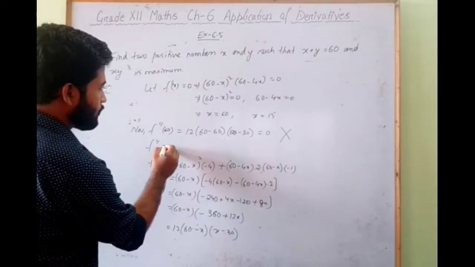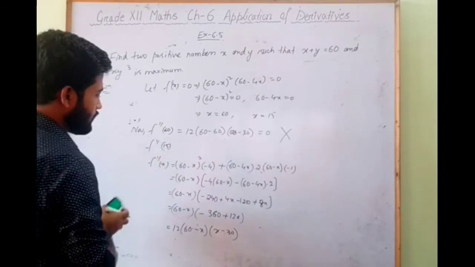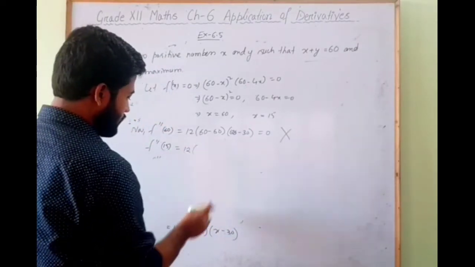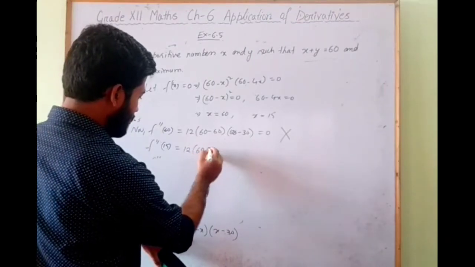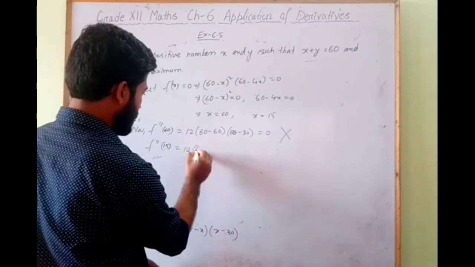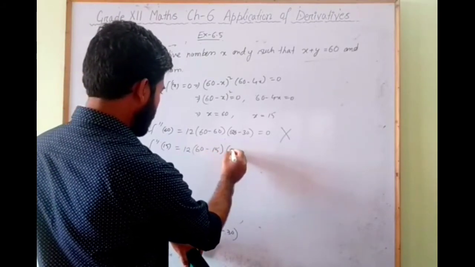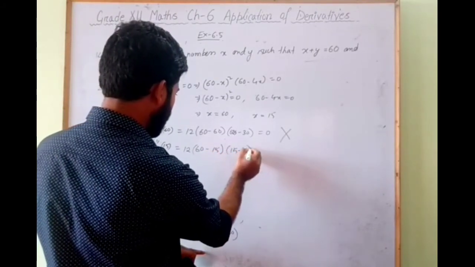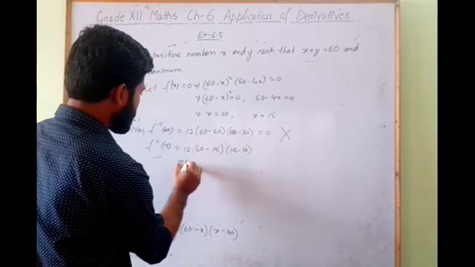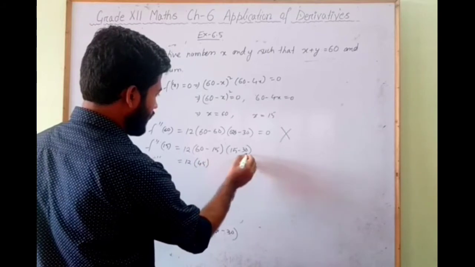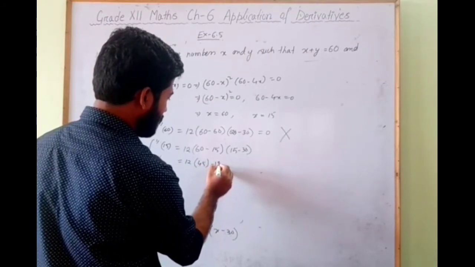Now let us check at the point x equal to 15. It is 12 into, in place of x we put 15, so 60 minus 15 will be 45, and 15 minus 30 will be minus 15.